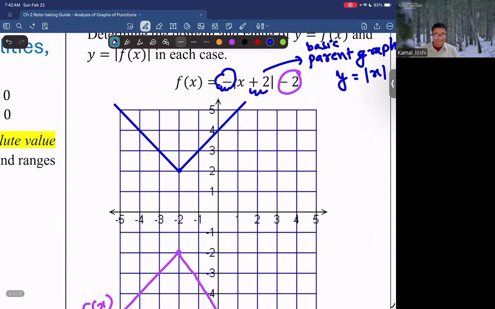And the absolute value achieved two things actually. First, it re-reflected it. So you're back to your original direction. So that minus sign at the front will go away. And also, instead of 2 units down, now it is 2 units up, the vertical translation.